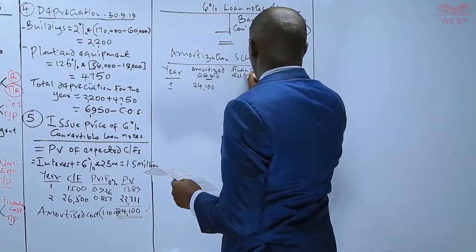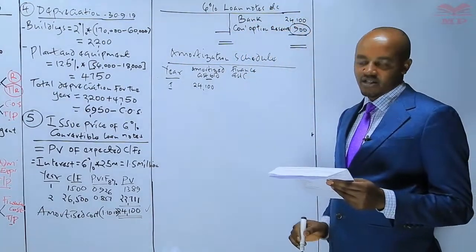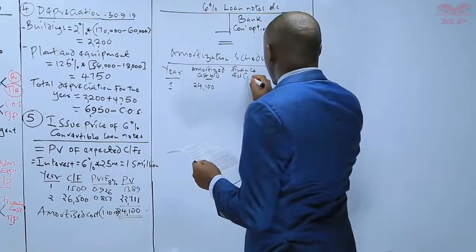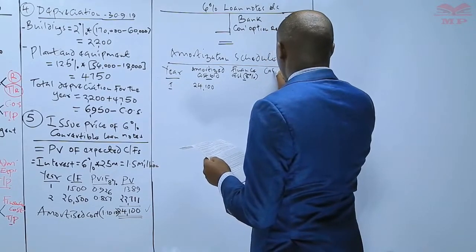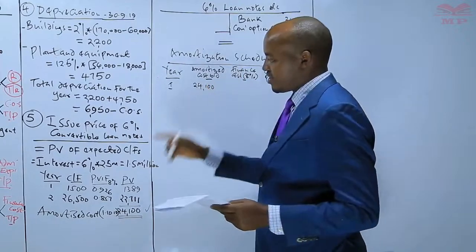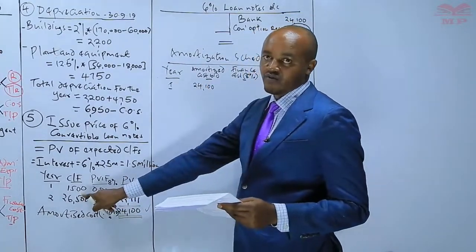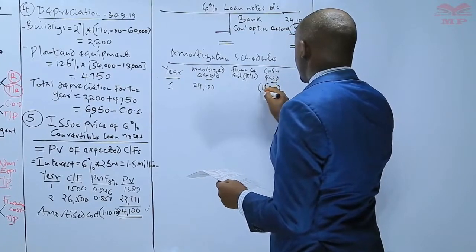The finance cost is determined using the effective interest rate, which is equivalent to the market interest rate, which is 8%. And then to this, we deduct the cash which was paid by the company the first year, which is 1,500. That one will be deducted.